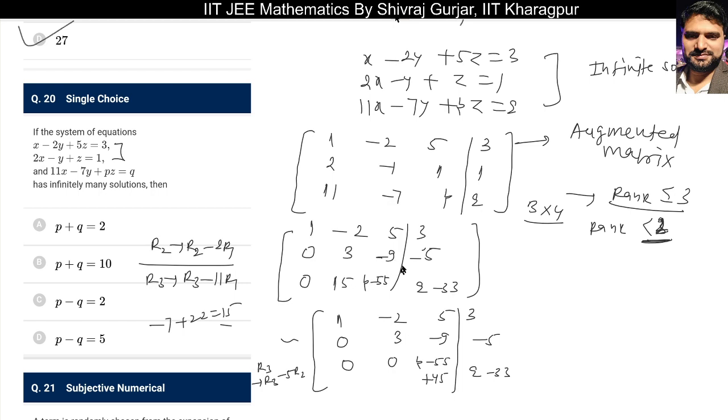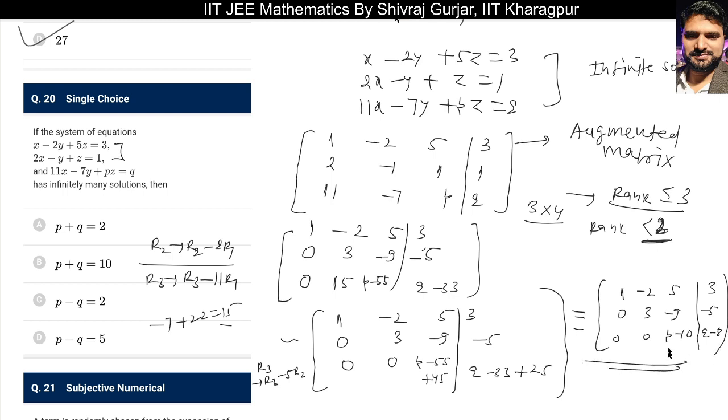We are doing minus 5, so multiply by 5, minus, we get plus 25. So this is nothing but 1 minus 2 5, 0 3 minus 9, 0 0 p minus 10. This is 3 minus 5 and this is q minus 33 plus 25, basically q minus 8.